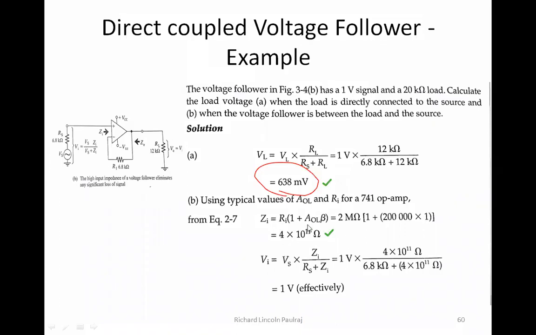So we have the value here for Zi, which is about 4 into 10 raised to 11. So that value is what we are bringing here. And Rs is of course given to us here. It's about 6.8 kilo ohms, right? Plus, and then again Zi, which is 4 into 10 raised to 11, right? So one of you just calculate this and tell me if we are getting approximately 1 volt.